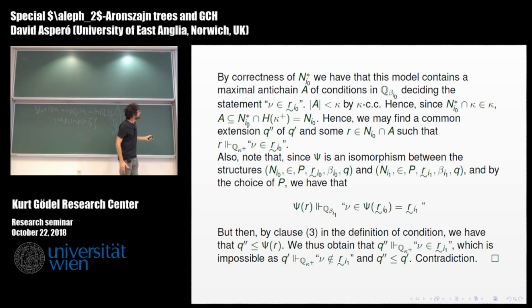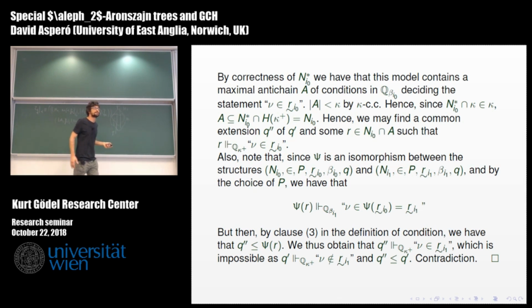So then we obtained that Q double prime forces that nu is in Ri1, and that's impossible because Q prime was forcing that nu was not in Ri1. Okay, so that's a contradiction, and I think it's a safe place here to stop for now.